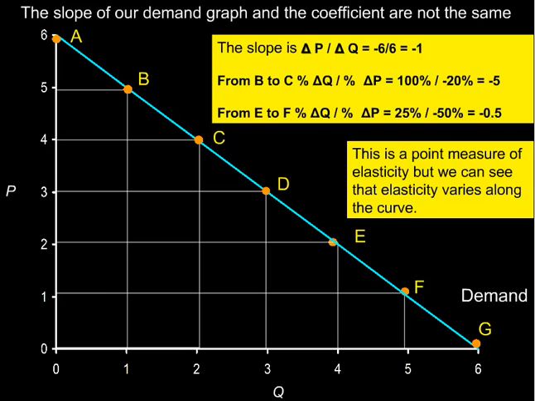The price has gone from 5 to 4, so that's a 20% fall in the price. So our elasticity coefficient, elasticity number, is negative 5.